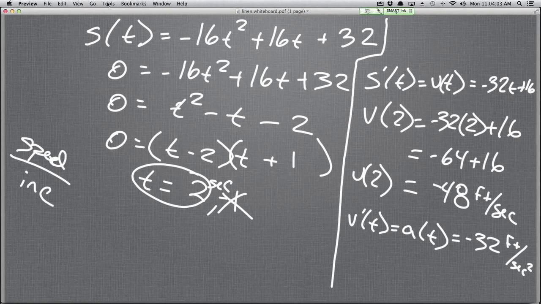Okay, now, here's my next question. We figured out that at impact, my velocity was decreasing. Is there a point in this dive where my velocity is increasing? Does this go up first?